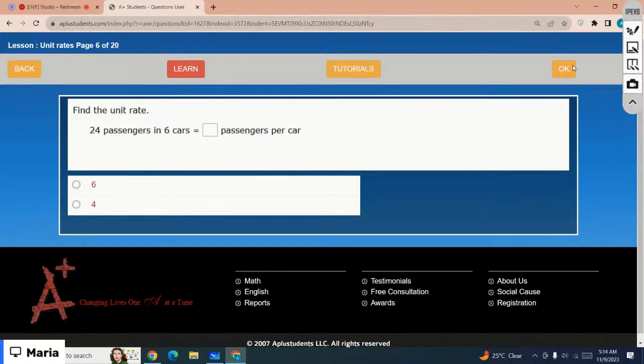So 24 divided by 6 is, yes, that would be 4. So that means you have 4 passengers per car.